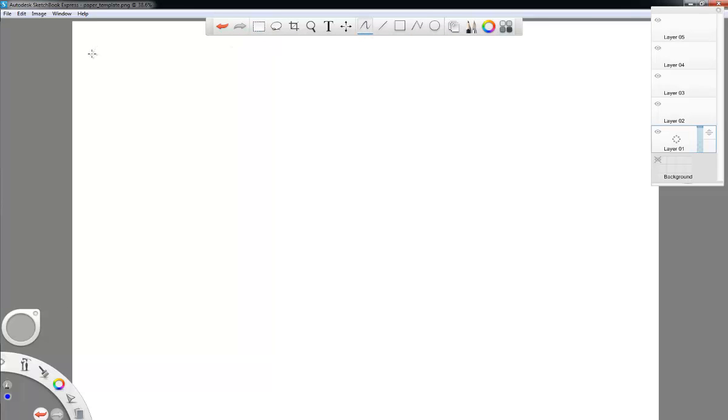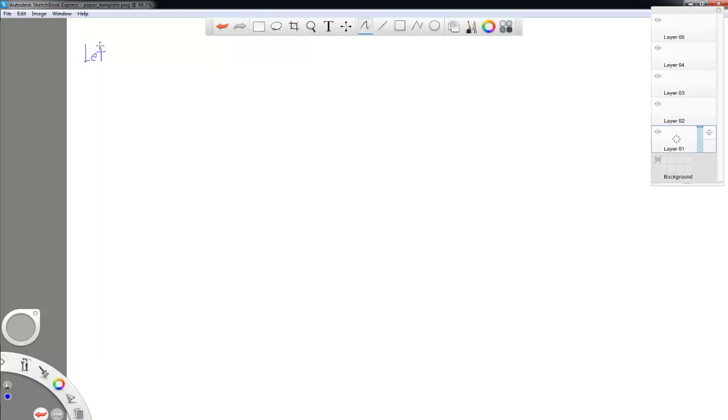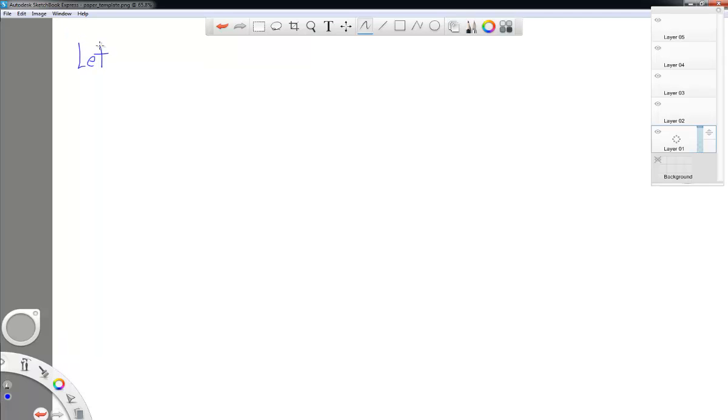Okay, so let M sub 1 be the first automaton that recognizes A sub 1. Or in other words, let L of M sub 1 be A sub 1. Then M sub 1 is something like this: Q sub 1, sigma, my input alphabet.